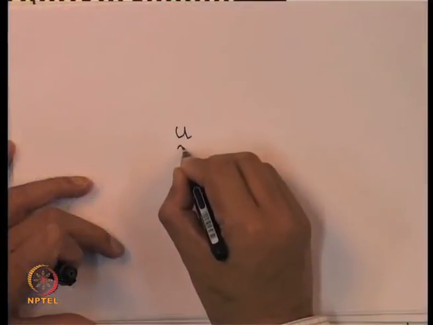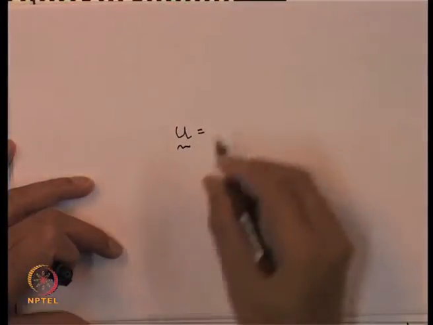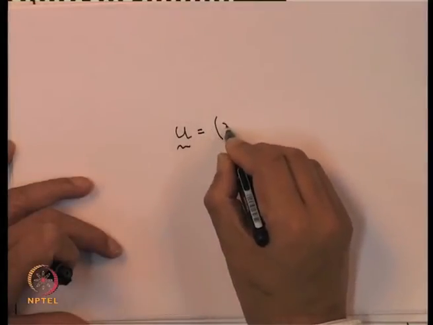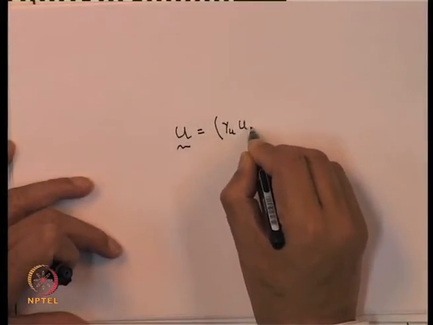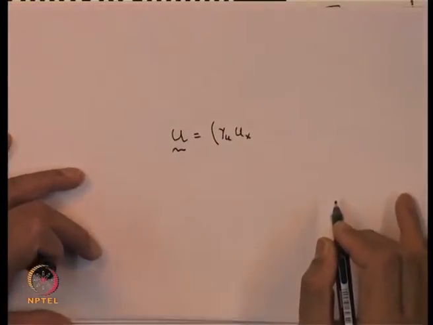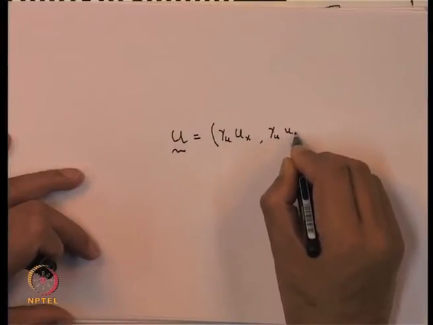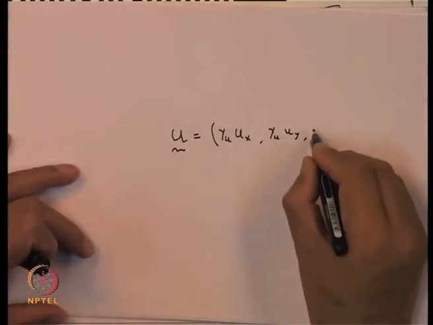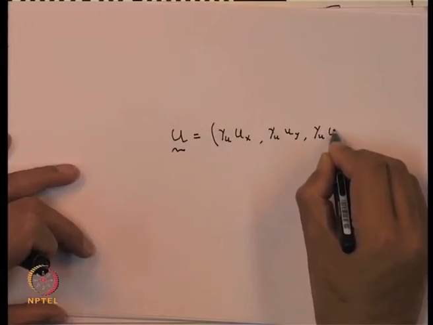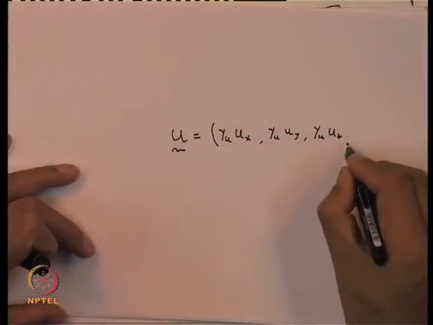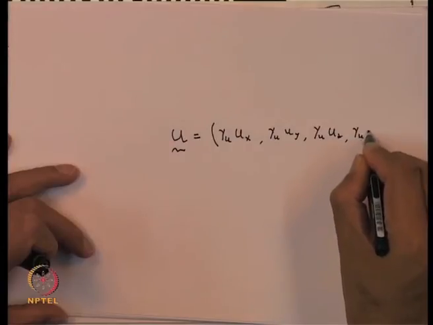So, let us try to look whether this definition can yield that particular universality. Before we do that, let us write these components. If you remember, we had written the velocity 4 vector as gamma u ux, that was the first component. The second component was gamma u uy. The third component was gamma u uz, and the fourth component was gamma u ic.